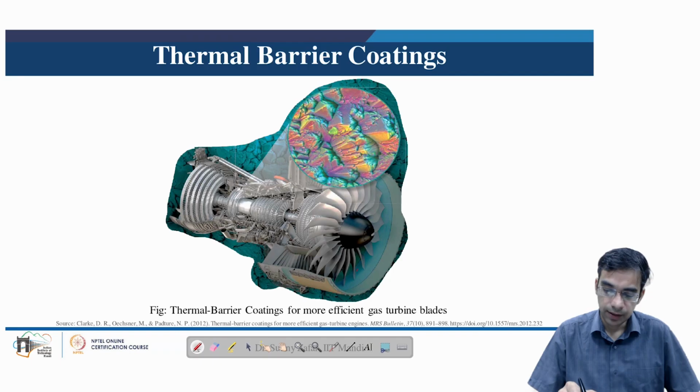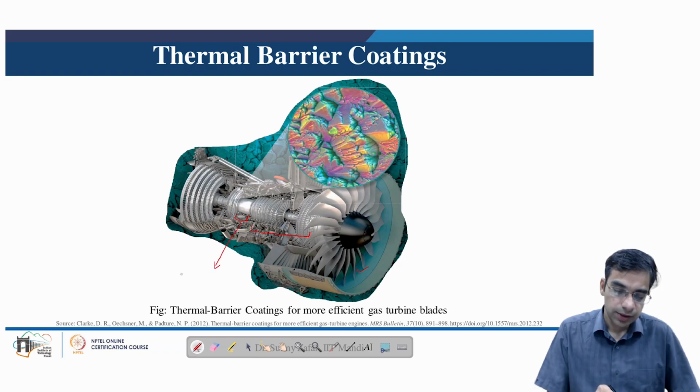We can see this fan from which the air is taken in. Behind this fan we have the compressor. So we have multi-stage of compressor. So we have the low pressure compressor, then we have the high pressure compressor. Then this zone where there are no blades, this is basically the combustion chamber.